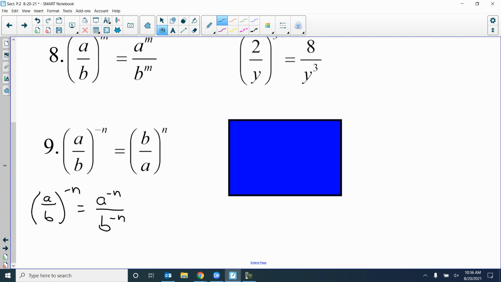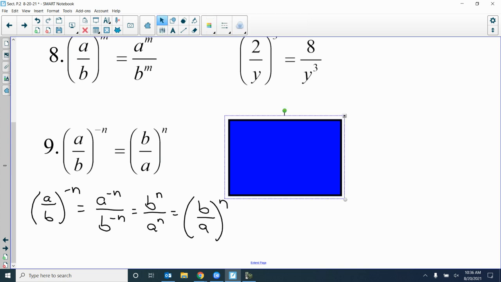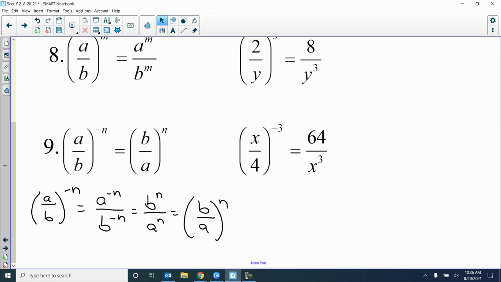Well, since I got a negative power, I can make it a positive power by moving it to the other side of the fraction bar. So now it's b to the n over a to the n. Since they're both to the n power, I can write it as (b over a) to the n power. You don't have to go through all those steps. That's really what's going on. You just flip, change it. (X over 4) to the negative third will become (4 over x) to the third, which will simplify to 64 over x cubed. Okay, so just be careful of that.